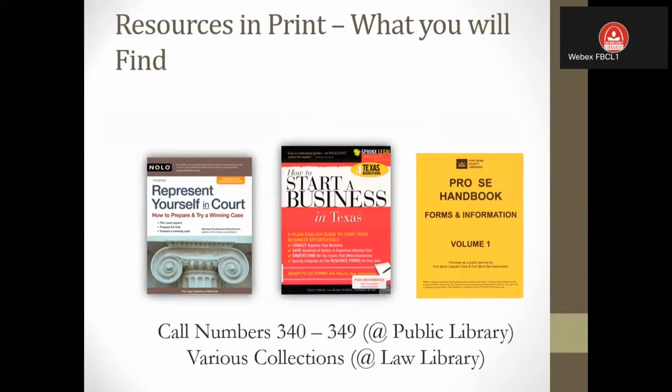This is just a copy of when we had a print version. This is going to be more direct forms and information on various topics. It's not specific like how to start a business in Texas, but it still covers various things. So in that handbook, we've got divorce forms, child custody, occupational driver's licenses.